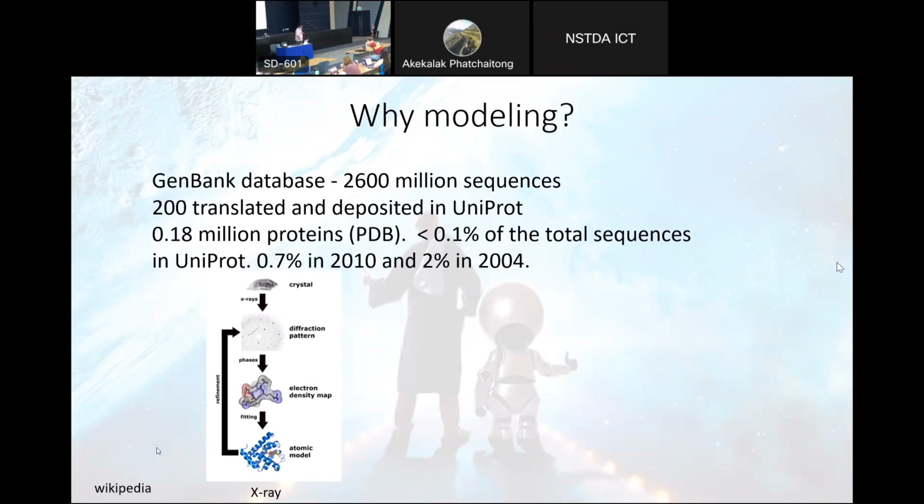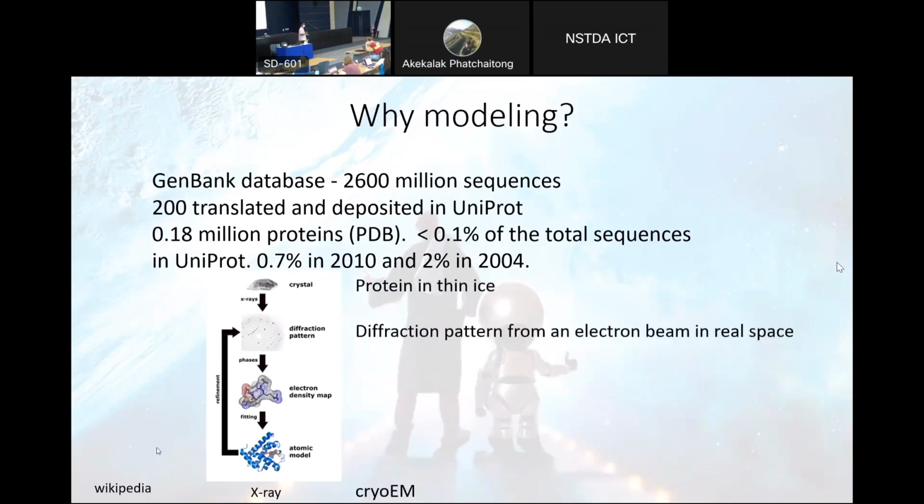The second part, which is currently really hot, is cryo-electron microscopy. In cryo-electron microscopy, instead of a crystal, you freeze the protein in a thin ice. In X-ray crystallography, all your proteins are arranged in the same way, because otherwise you don't form a crystal.